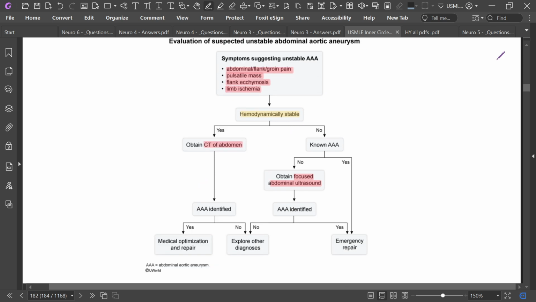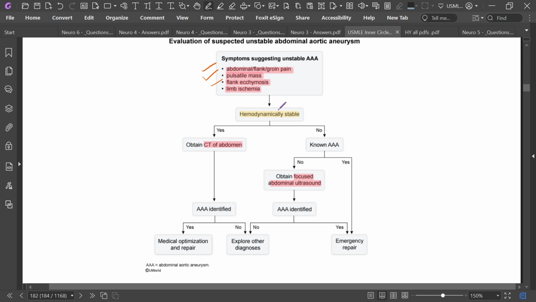So, evaluation of suspected abdominal aortic aneurysm: abdominal or flank or groin pain, pulsatile mass, flank ecchymosis, limb ischemia.